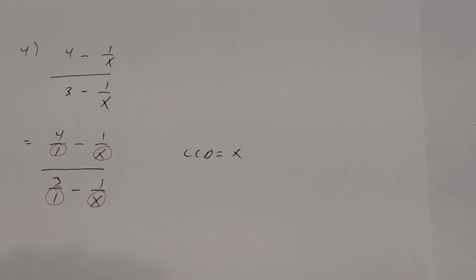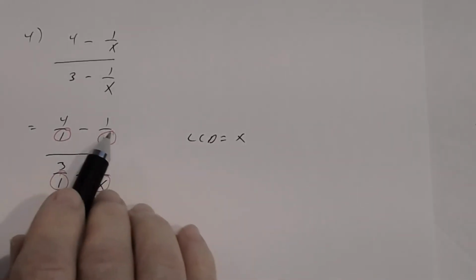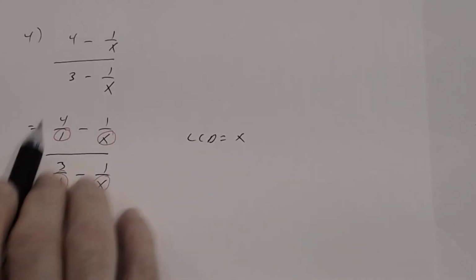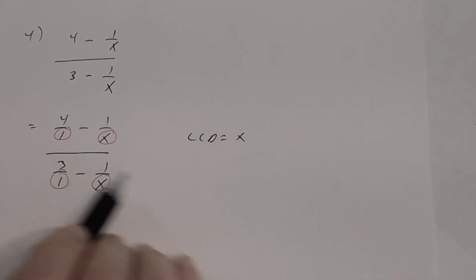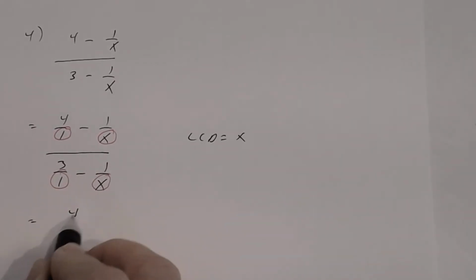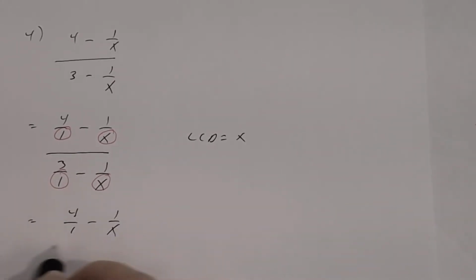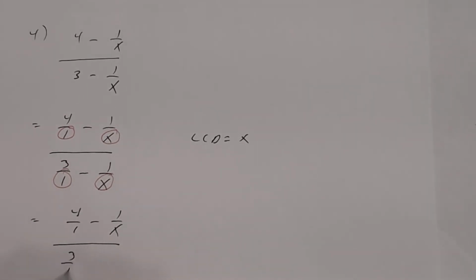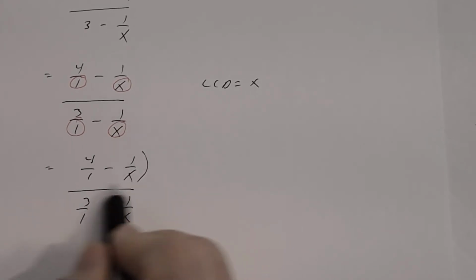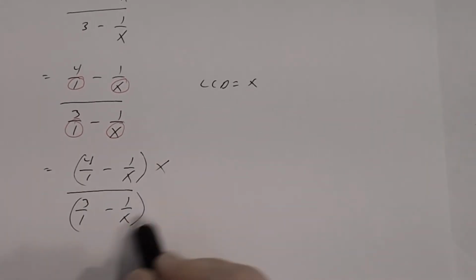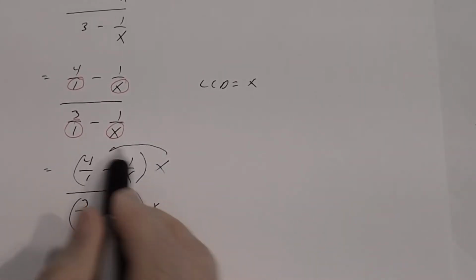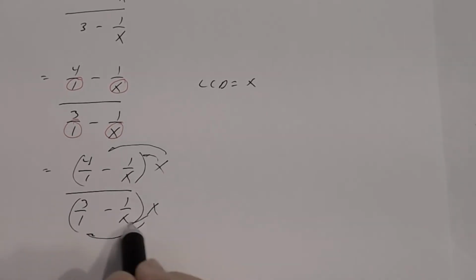The LCD is x. So now I'm going to take the LCD, I'm going to multiply the numerator by it, I'm going to multiply the denominator by it. Okay, so 4 over 1 minus 1 divided by x, divided by 3 divided by 1 minus 1 divided by x. And so this will be times x, and this will be times x. And then I'm going to distribute. And so once you distribute, you are actually doing what step 2 says.